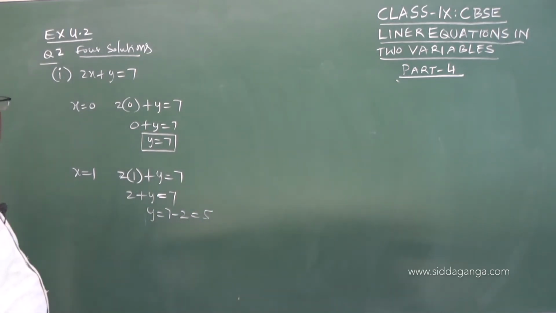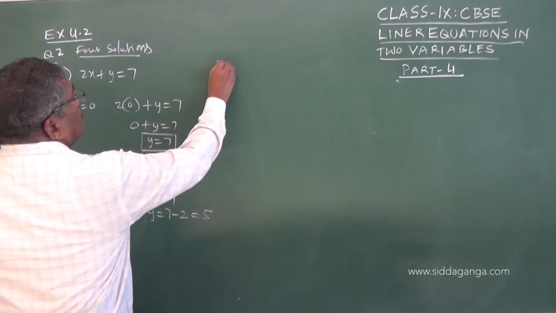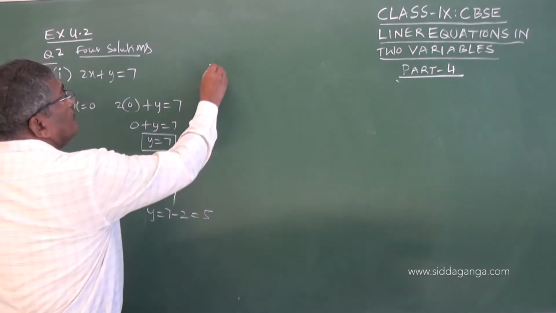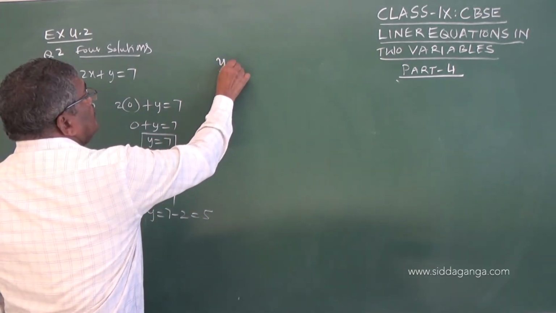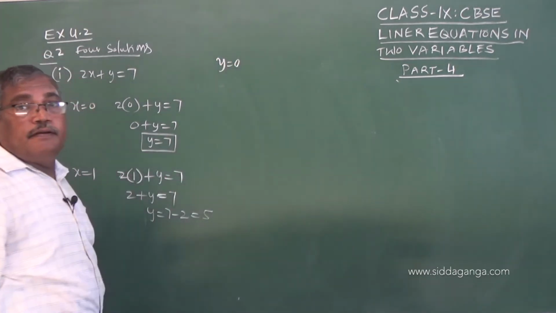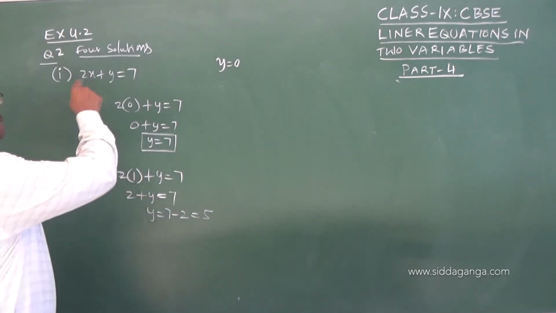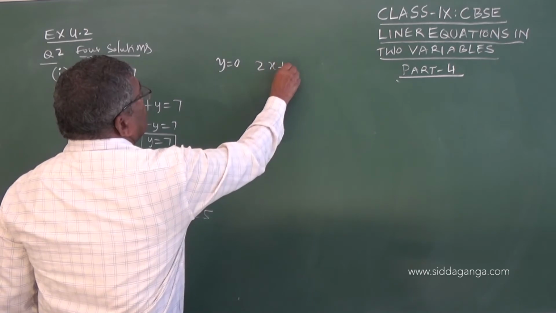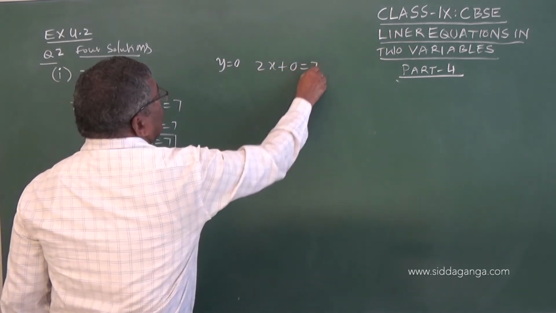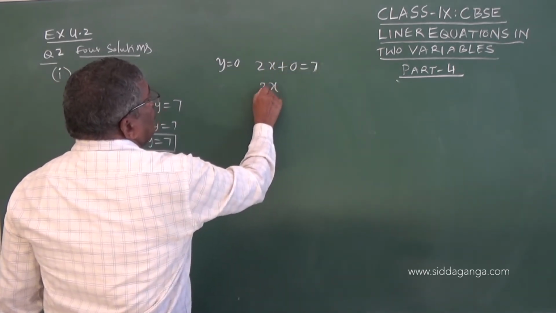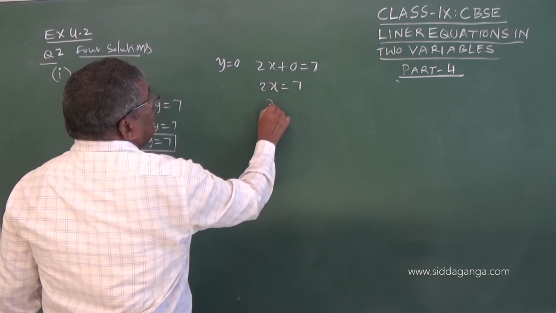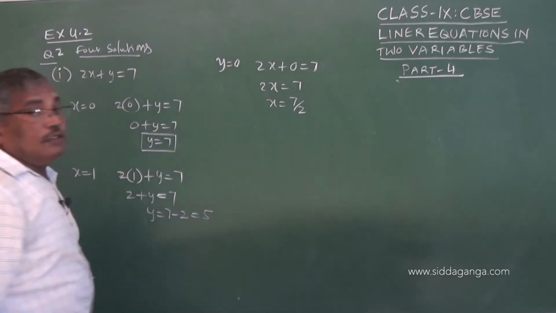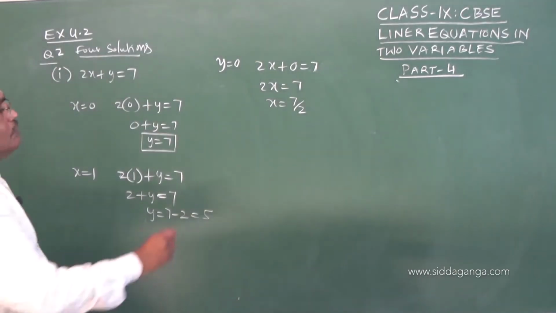Now, or else you take some values for y and find out x. Take y equal to 0 and find the value of x. When y is 0, 2 into x plus 0 equals 7, so 2x equals 7, x equals 7 by 2.